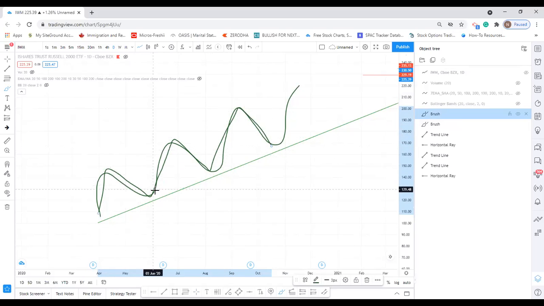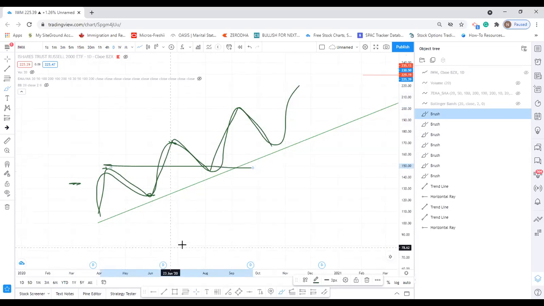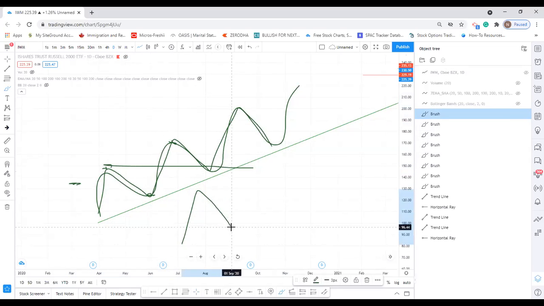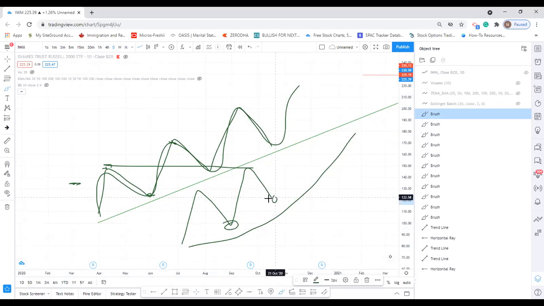What I mean is this low will be higher than the previous low, and this high will be higher than this high. So it will be trending. If you want to do swing trading, you have to get the stocks here rather than in this area.